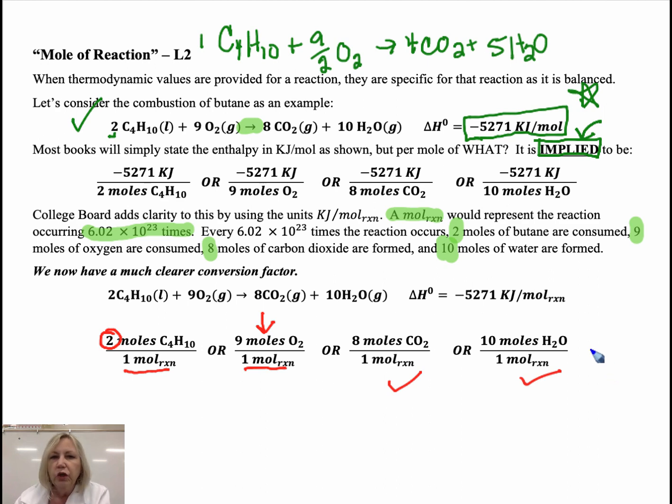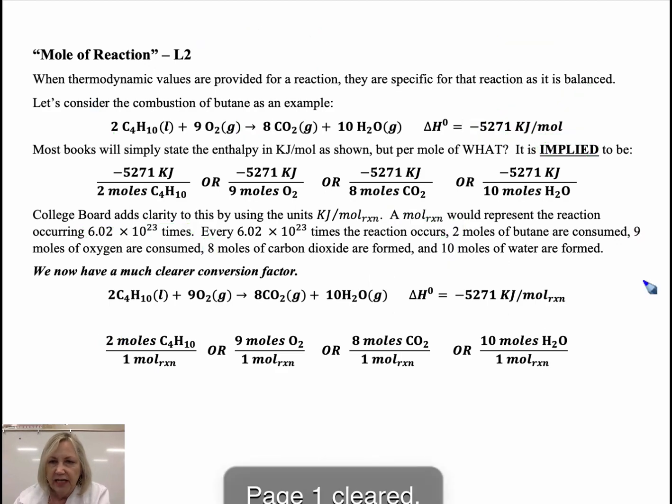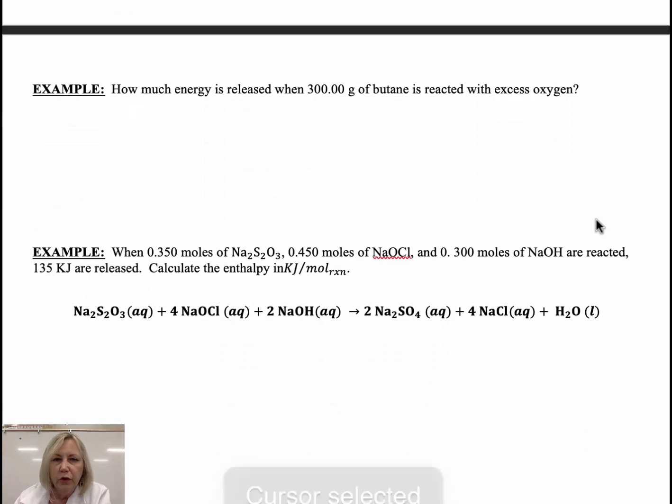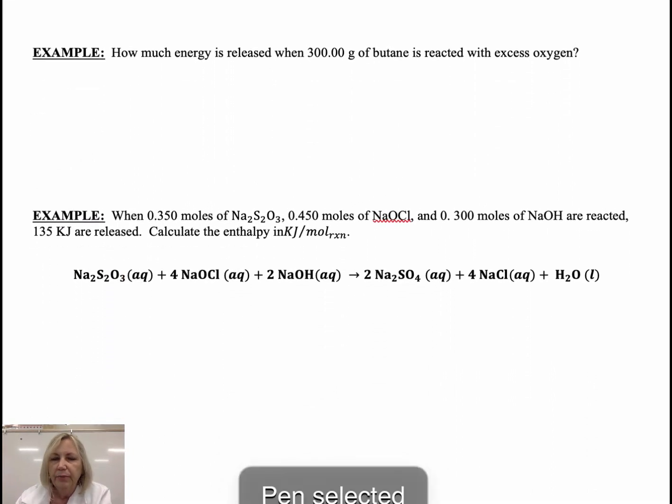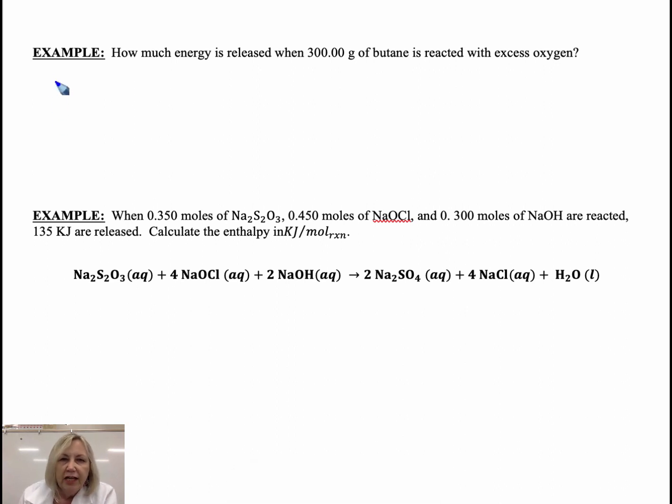So let's take a look at an example of this with the combustion of butane. I want to do a forward one, and then I want to do a reverse one so you see how it applies. So how much energy is released when I have 300 grams of butane and excess oxygen?